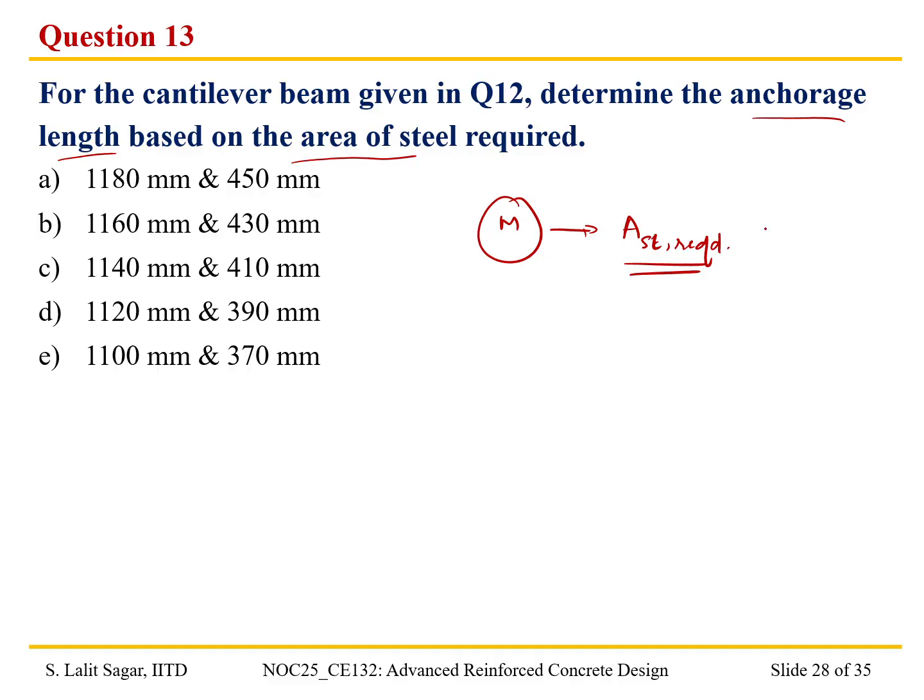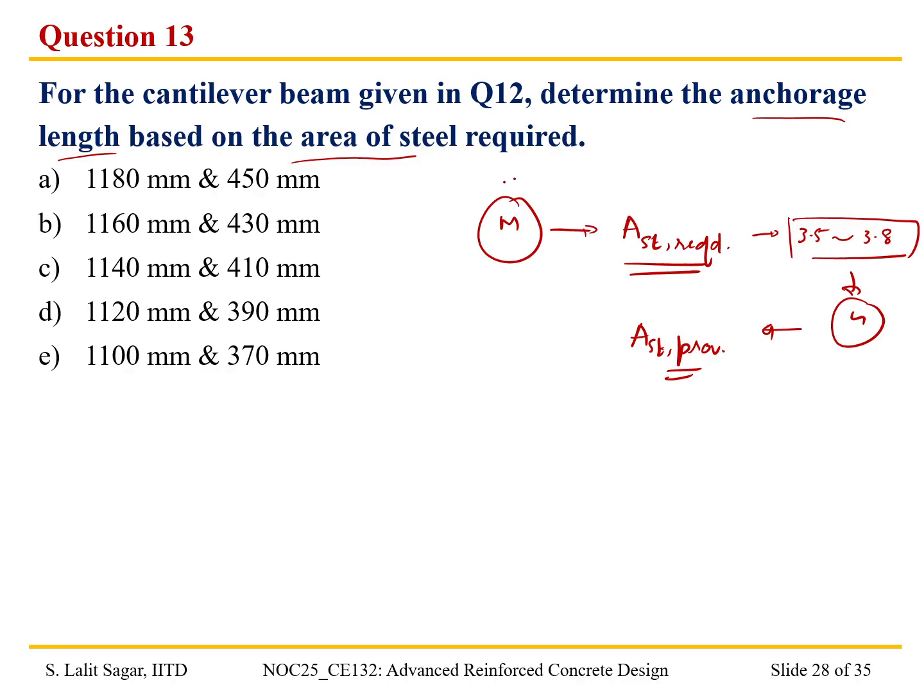Okay, but this always turns out to be, for example, 3.5 bars or 3.8 bars, which we round off and provide as, let's say, 4 bars, and that would be the AST provided. Okay, so considering these two parameters, that is AST required and the AST provided, we need to determine the anchorage length.